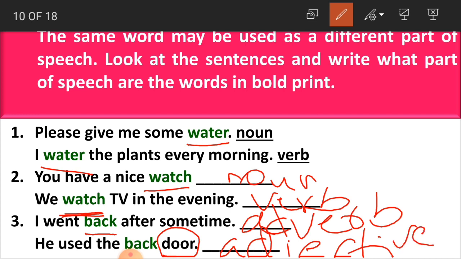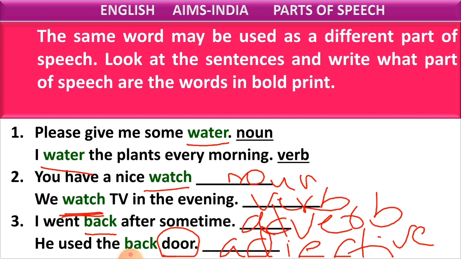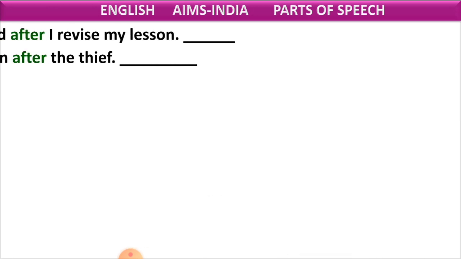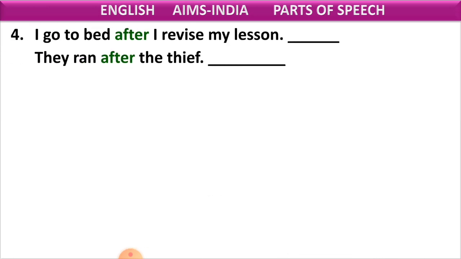So if you see here, the same word in different sentences gives us different meaning and also comes under different parts of speech. Okay. We'll do some more here again. I go to bed after I revise my lesson.